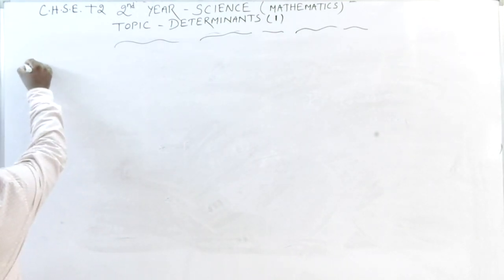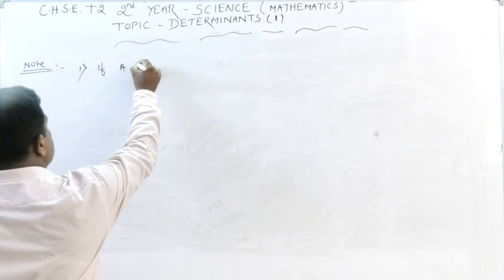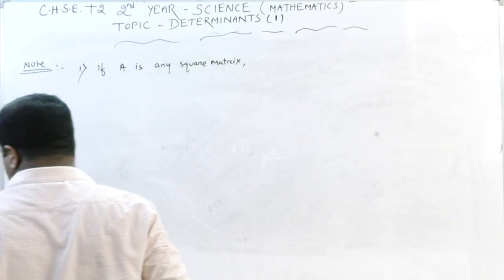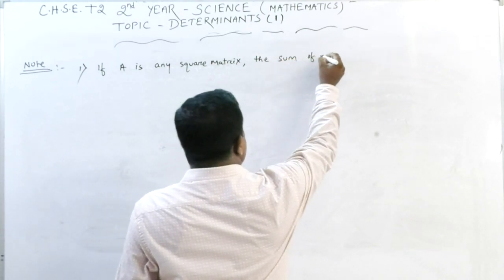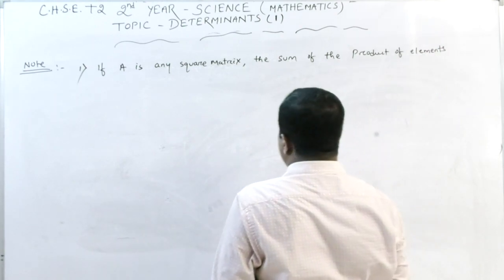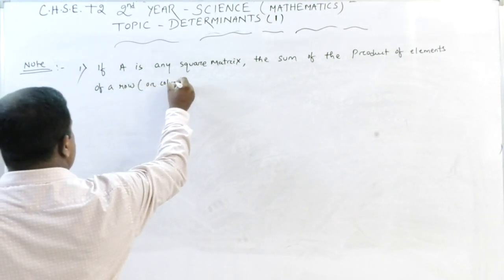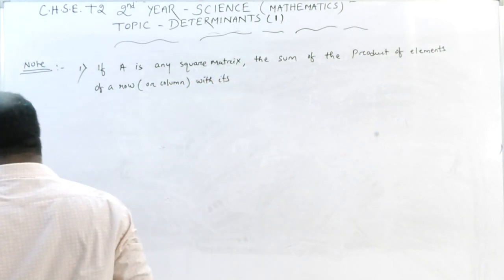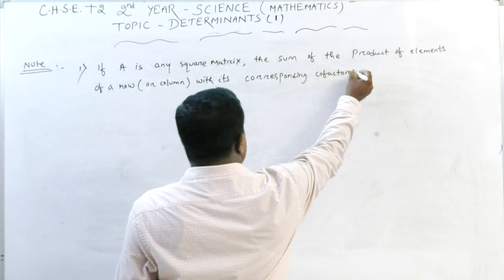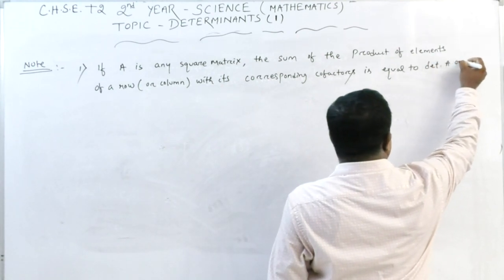The first note says, if A is any square matrix, the sum of the product of elements of a row or column with its corresponding cofactors is equal to the determinant of A.